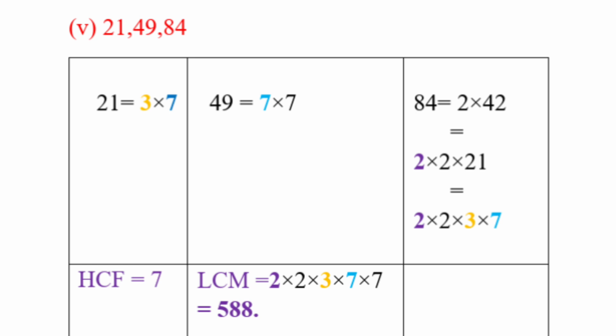And LCM is equal to the product of common and uncommon factors, that is 2 2s are 4, 4 3s are 12, 12 7s are 84, 84 into 7, which is equal to 588. HCF is 7, LCM is 588.